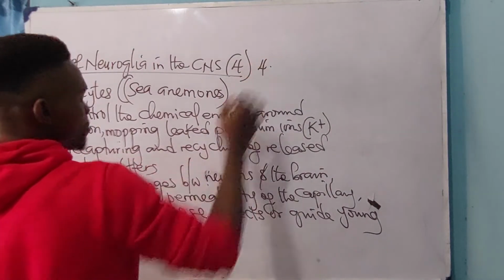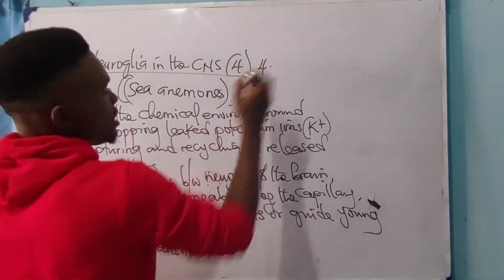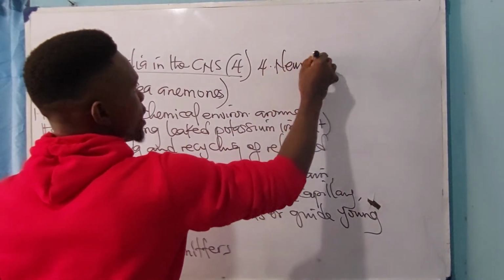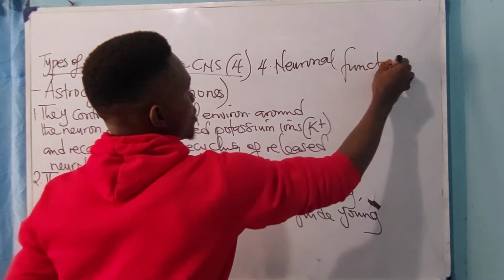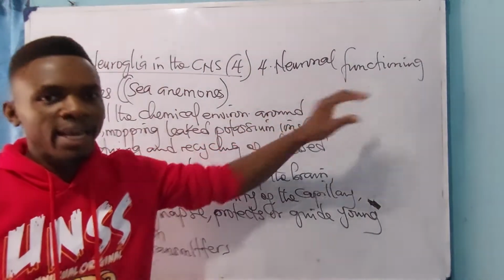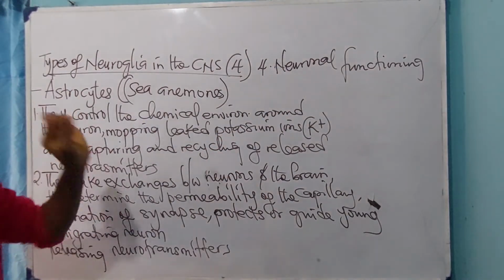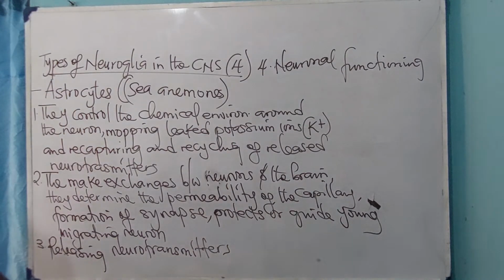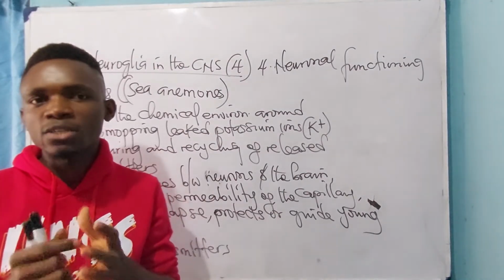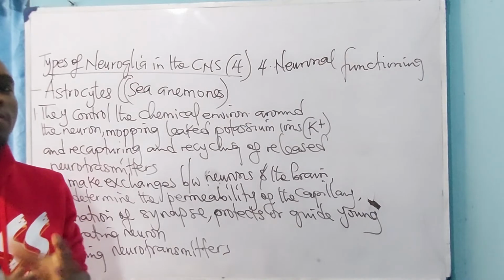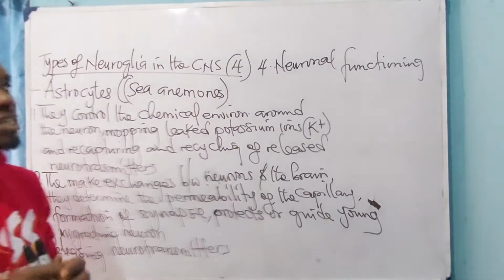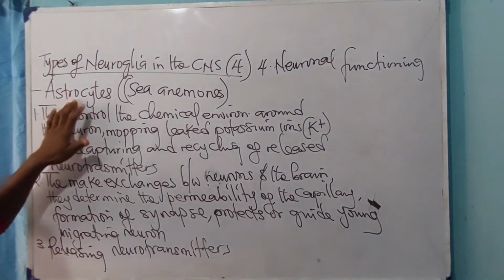Then number 4, they influence or stimulate neuronal functioning, and they participate in information processing in the brain and spinal cord, which means that the processing of raw data into information, or the processing of impulses in the brain and the spinal cord, is under the influence of the astrocytes.